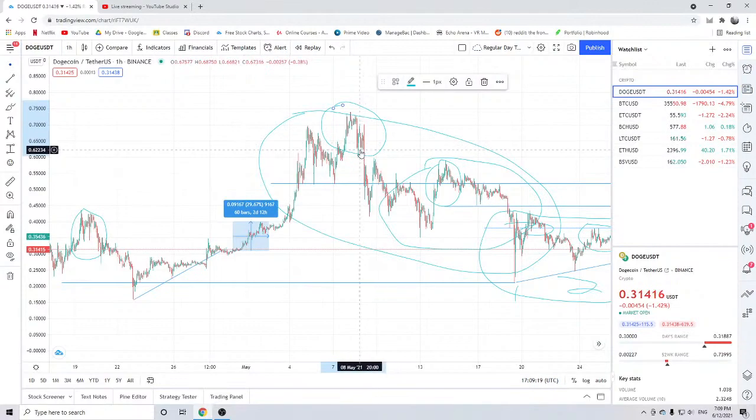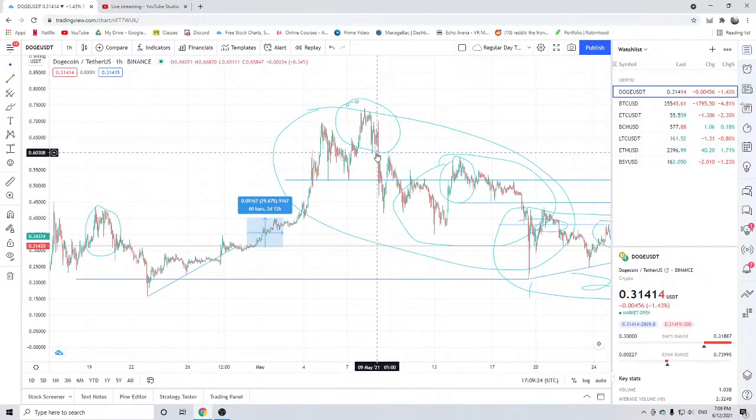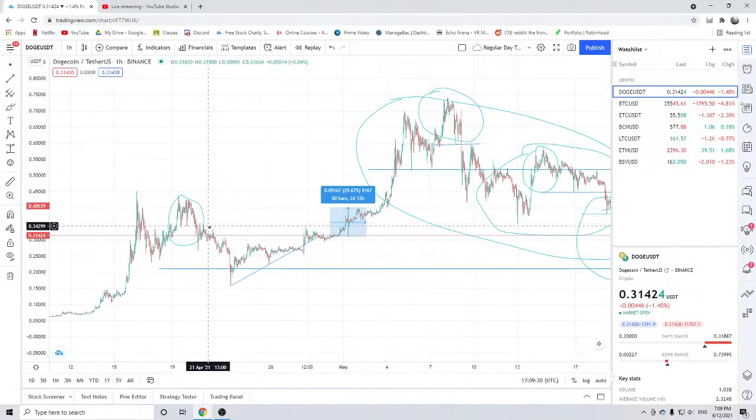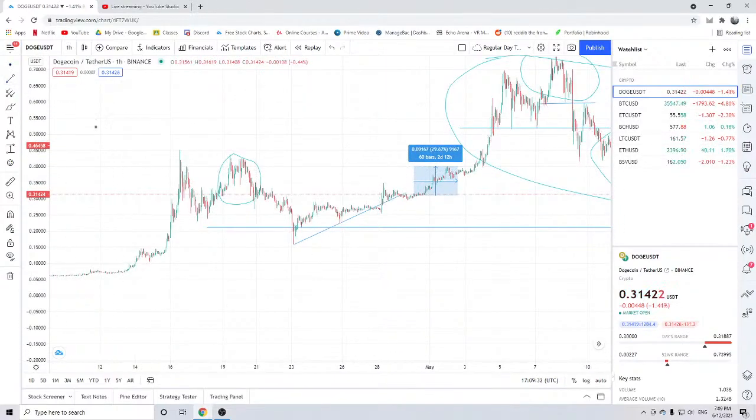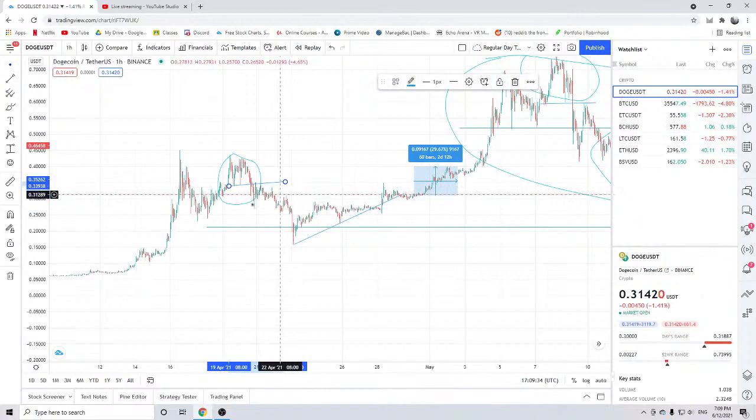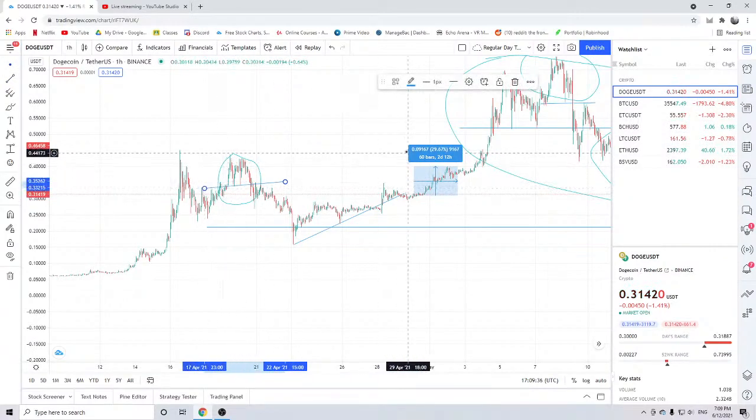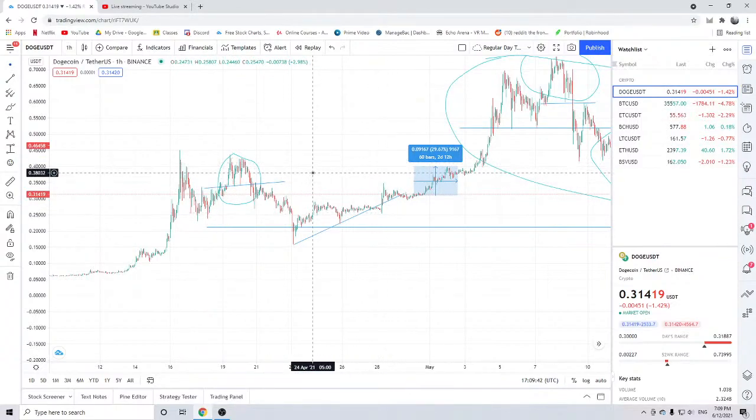We can see that it goes down all the way to this price point. And this happens to be right on this little retest here. Let's see if this does that. Hopefully it does. And I mean, it's not that bad. It goes a little bit higher than that retest, but it's something.